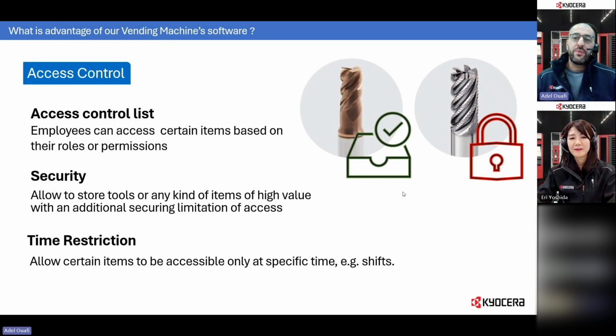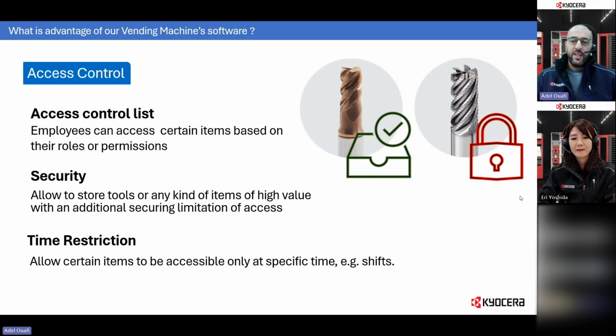The access control module provides selective or complete restriction to an item, or a set of items, for an employee. By default on the vending machine, employees or users are given access to all the items, but with the access module option, we can make some exceptions.